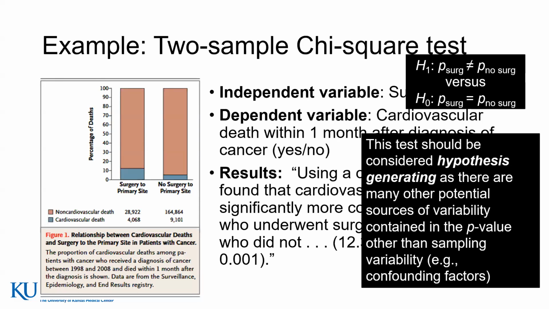And it's important to point this out so that the readers can get an accurate idea of how valid the p-value is in representing the actual sampling variability in your data versus other confounding factors.